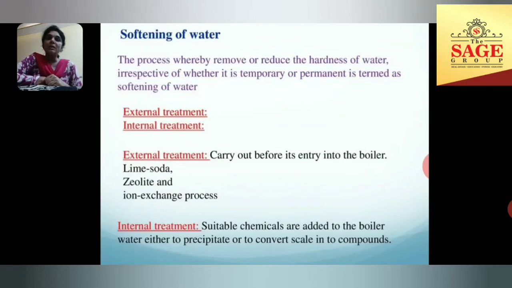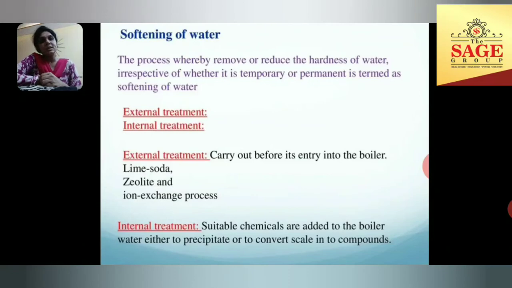Now there are two methods for reducing or removing the hardness of water. These two methods are the external treatment method and the internal treatment method. In the external treatment method, the water that is to be fed to the boiler has its hardness reduced outside by certain types of treatments, and then the softened water is poured into the boiler.